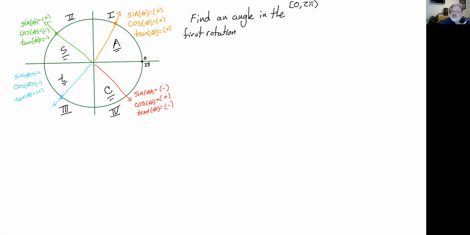So find an angle in the first rotation that has the same, let's go with sine value, as some given angle. So let's use, how about 5 pi over 6?